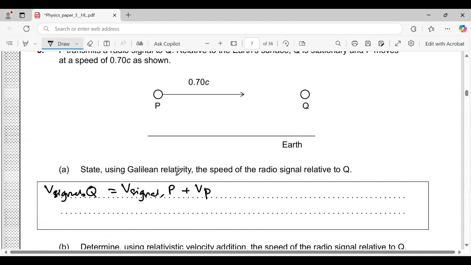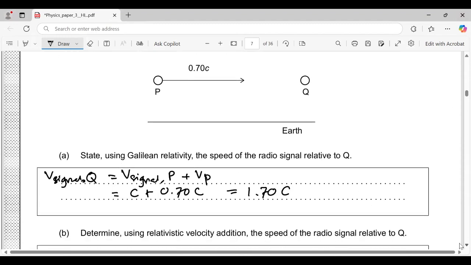VP is the speed of P relative to Q. C is the speed of the radio signal relative to P. Then substitute the numbers: it is going to be C plus 0.70 C. So the signal relative to P is C and VP is 0.70 C based on this information. And the result is 1.70 C.